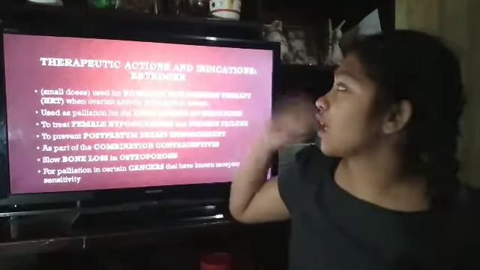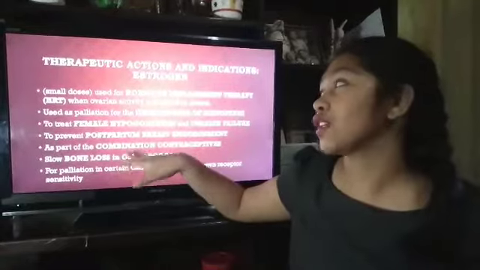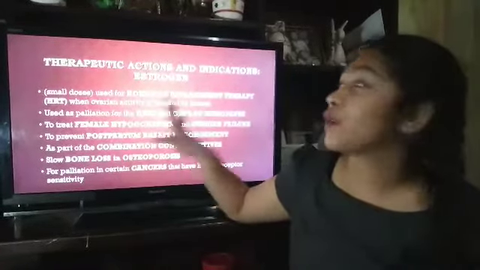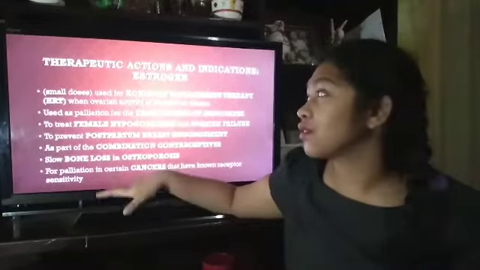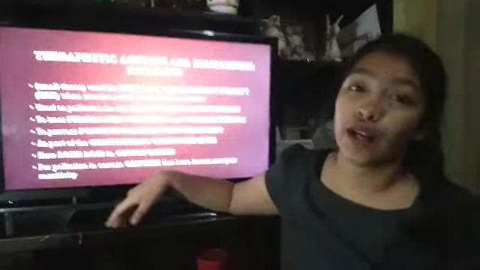So, therapeutic actions and indications of estrogen. Estrogen is used for hormone replacement therapy, HRT, when ovarian activity is blocked or absent.